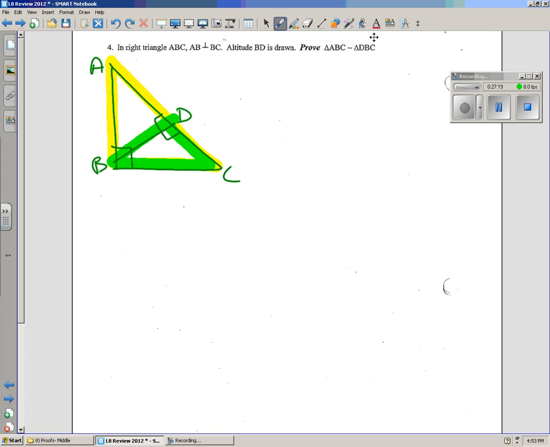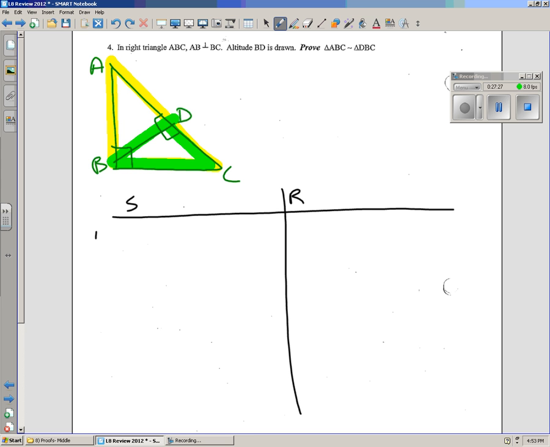So here we are. Similar proofs are very easy. We need to get angle-angle. So let's see what we have. First of all, they told us AB was perpendicular to BC. Now that only tells us about one angle.